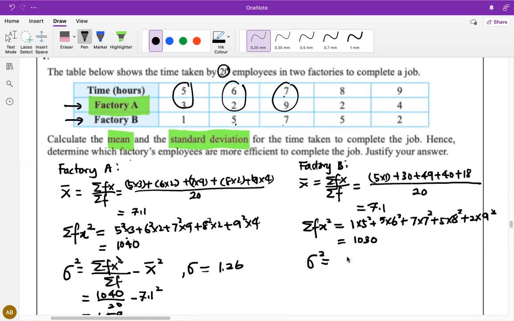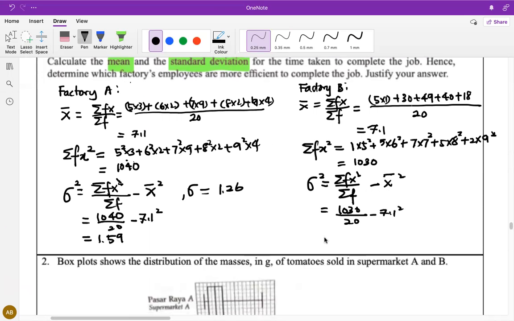So the variance is the sum of fx squared divided by the sum of frequency, minus the mean squared. So I get 1030 divided by 20 minus 7.1 squared.